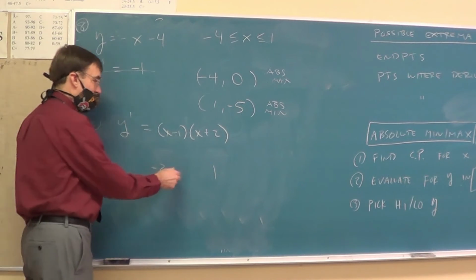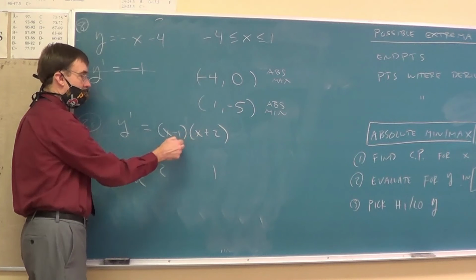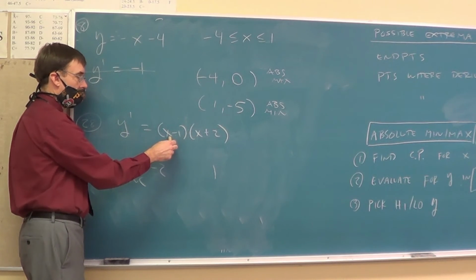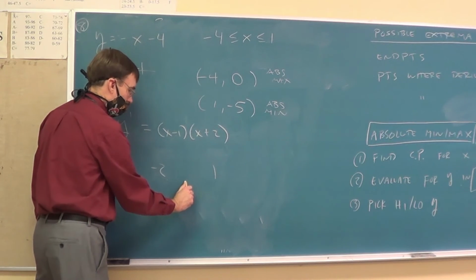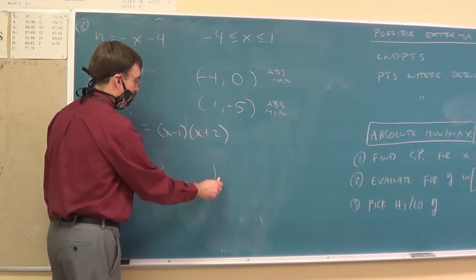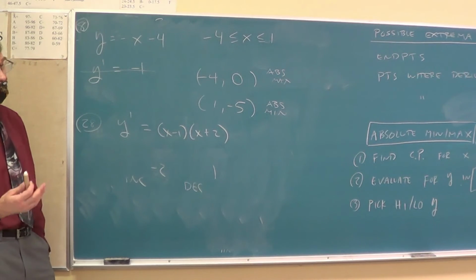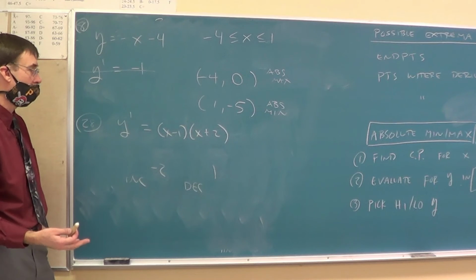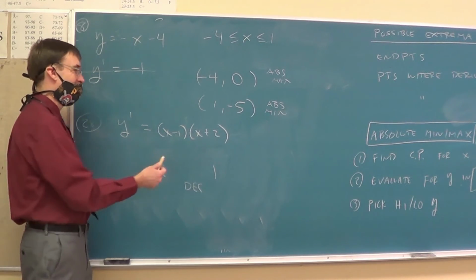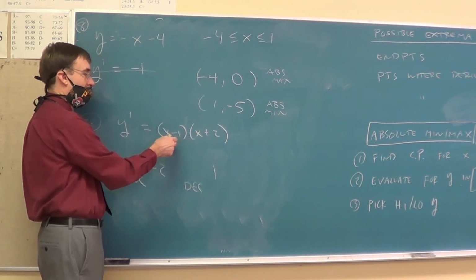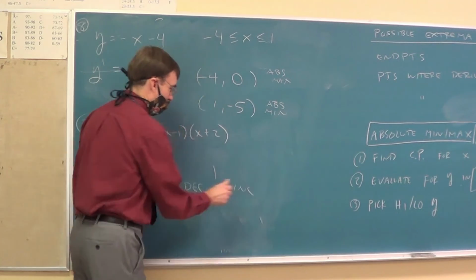Then pick anything between these numbers. 0: if you put 0 in for these, one's negative, one's positive, one of each, so that's negative, so that's a decrease. Then pick anything bigger than 1, and sometimes I like to just go weird and think like a million, because literally any number bigger than 1 works, but if you think of something crazy, sometimes you don't even have to think about it. If we put in a million, well, those are both positives, so that's an increasing part of the world.